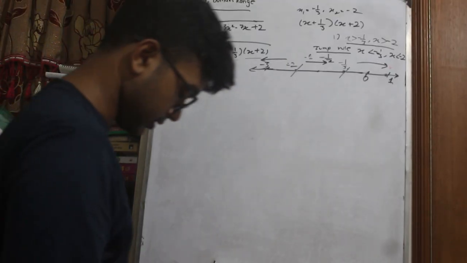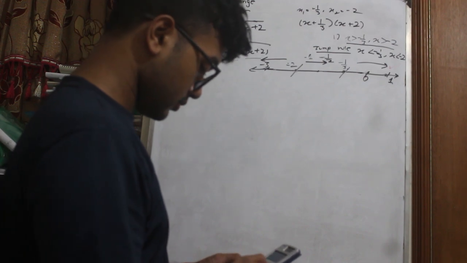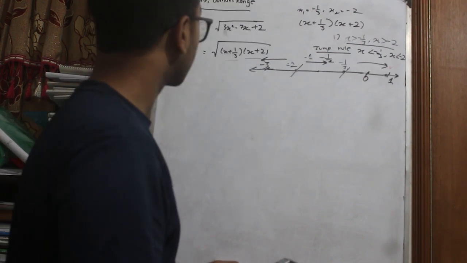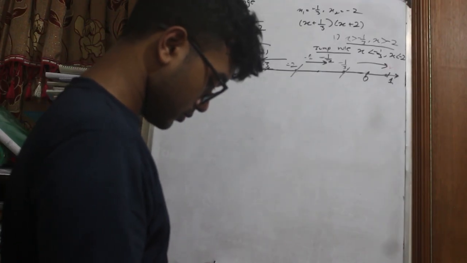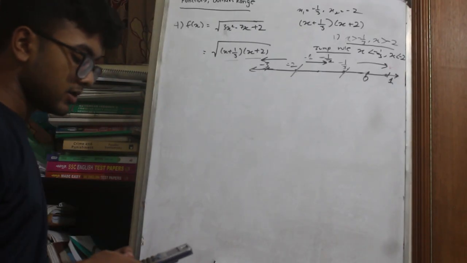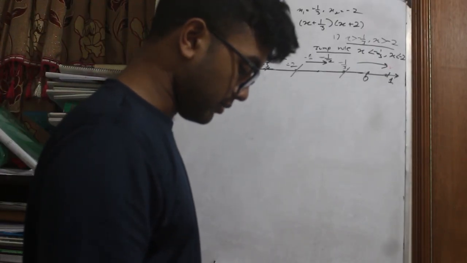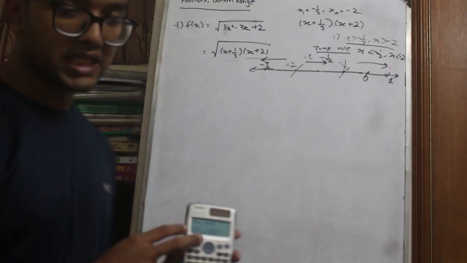It's so simple actually. So I put minus 1 and minus 1 by 2, but in both cases I see that it gives me a math error.